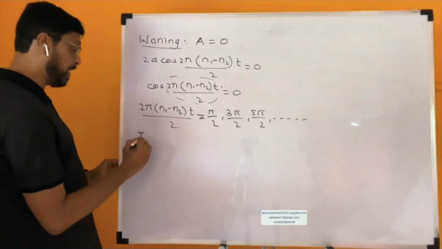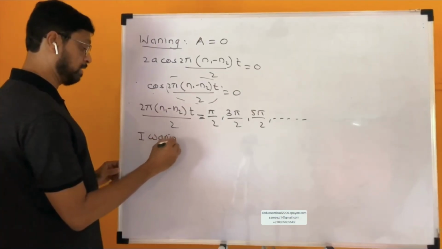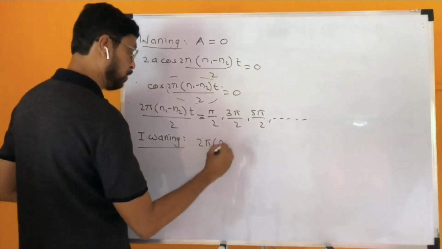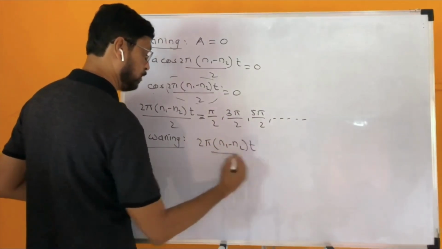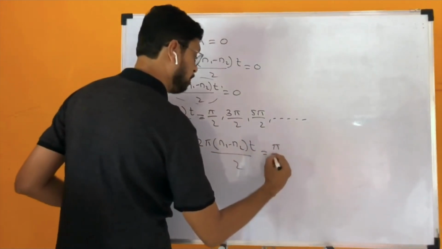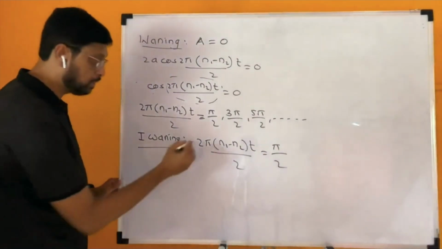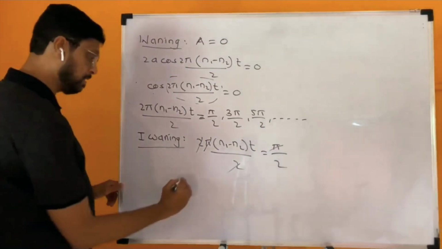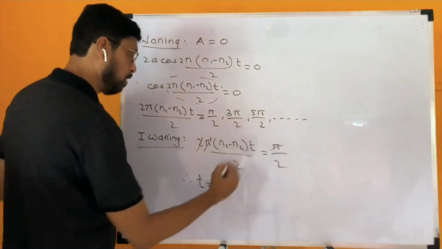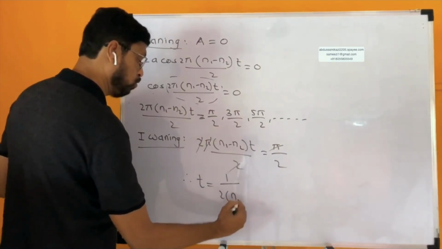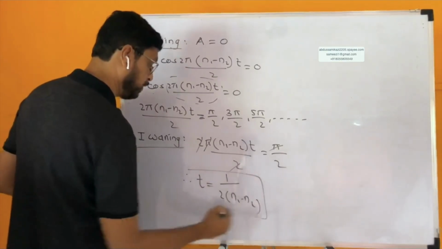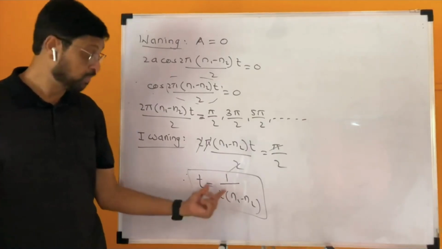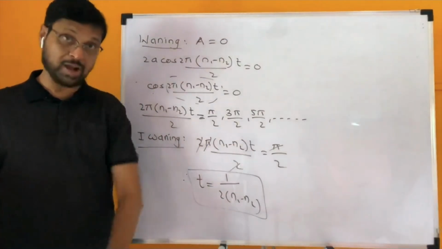So first minima will occur when the angle 2π(n1 - n2)t/2 is π/2. This 2 gets cancelled, π gets cancelled, means t is equal to 1/(2(n1 - n2)). Correct? At this time, first waning will occur.